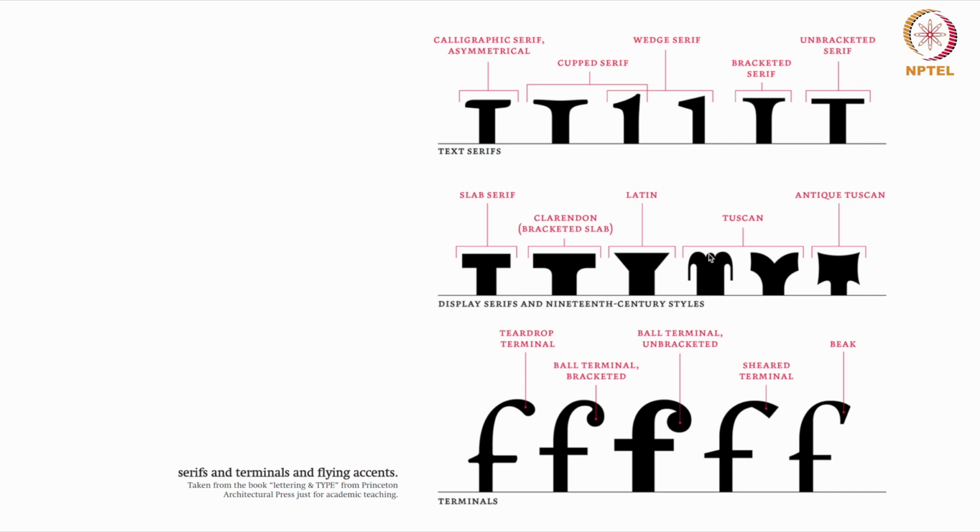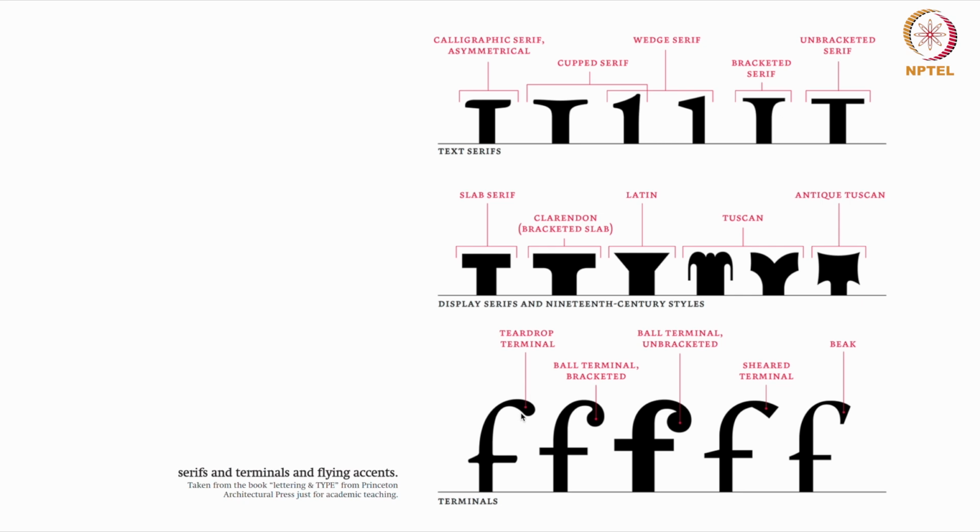You can also see this kind of decorative style quite popular in the Indian context, in letters written on shop signs, and especially truck art. So you will find Tuscan style, which is quite popular, and maybe antique Tuscan or other decorative elements.